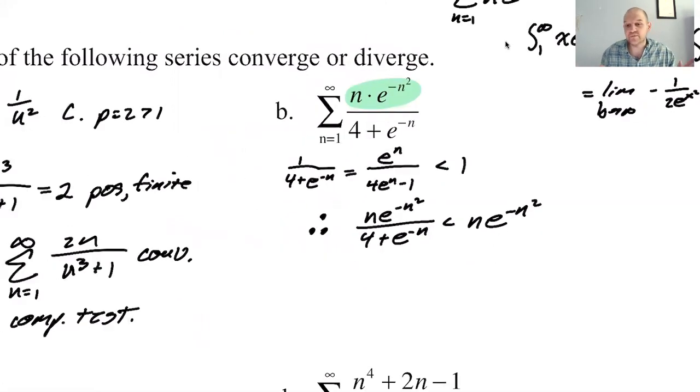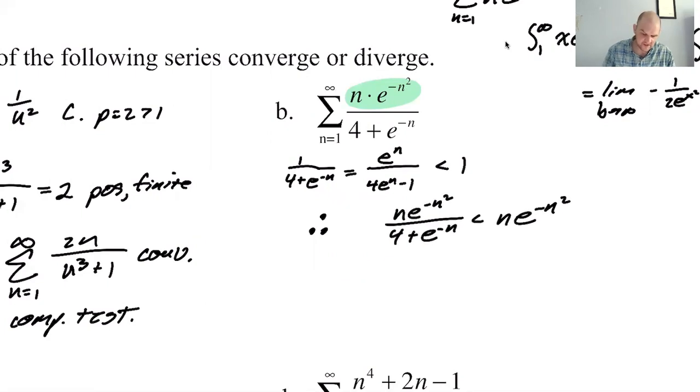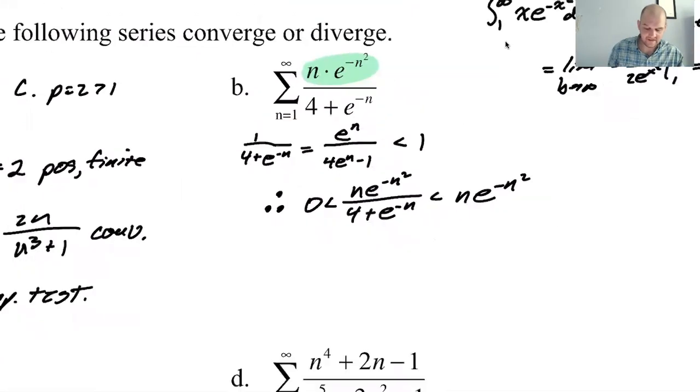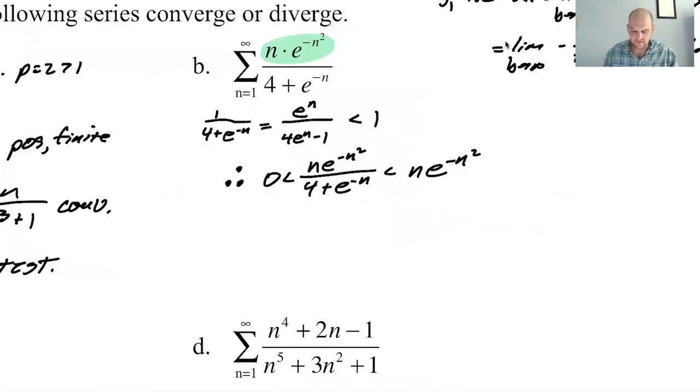So I don't know if you're completely following what I'm doing. I'm going to try to use direct comparison, which I think at this point is good to go. There were more than 2 key observations. The main key observation is that you could have just used the integral test on this with a calculator, and the calculator would do all the work, and you would get converges by the integral test.